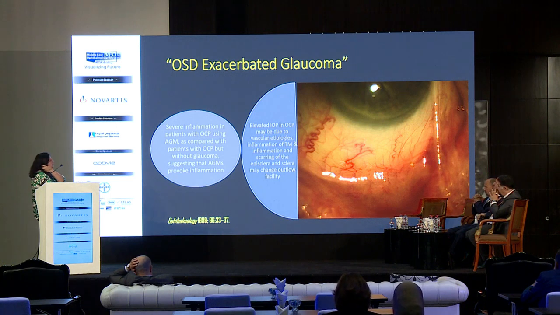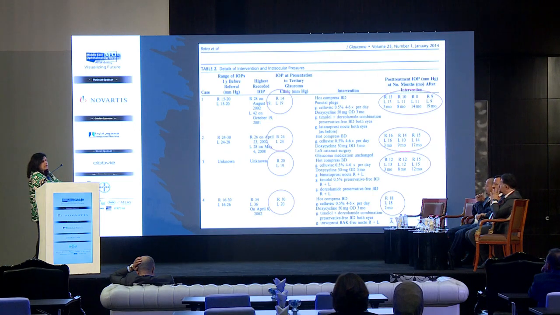So elevated intraocular pressure in patients with ocular cicatricial pemphigoid has been noted, and this OCP has also been seen in many patients of glaucoma, and it could be related to vascular etiologies, inflammation of the trabecular meshwork, inflammation and scarring of the episclera and sclera following prolonged medication. And that can eventually result in compromised outflow.